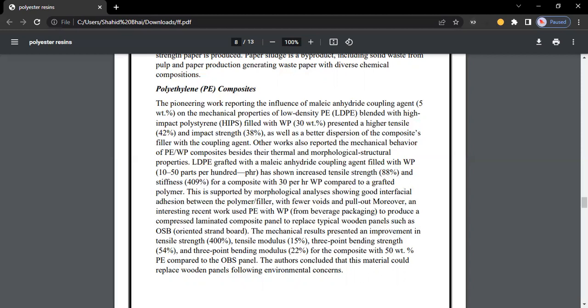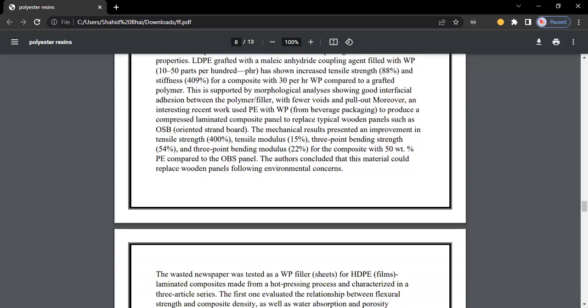The mechanical results present improvement in tensile strength 400%, tensile modulus 15%, 3-point bending strength 54%, and the 3-point bending strength modulus 22% for the composite with 50% WP, compared to the OSB panel. The author concluded the material could replace wooden panels following environmental concerns.